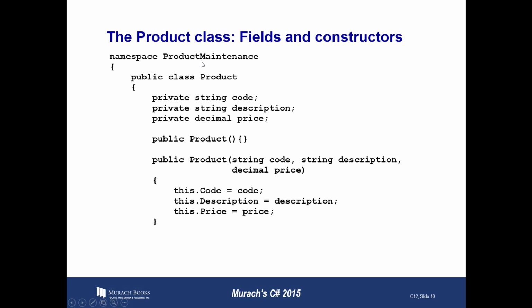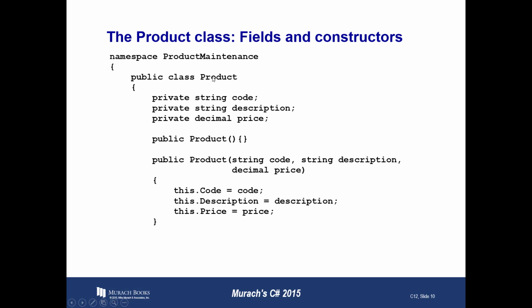This namespace, ProductMaintenance, for lack of better words, is going to be the project name, typically. That's your namespace, so this is kind of a folder hierarchy. Inside of that ProductMaintenance namespace, we have a class that is public, which means that class can be called by other classes, and the class is named Product.